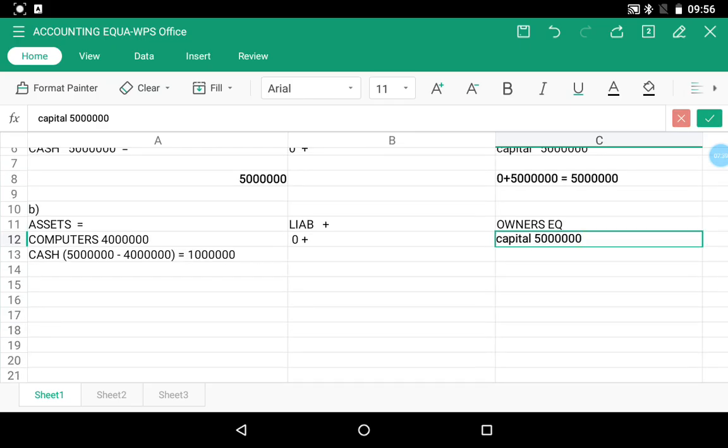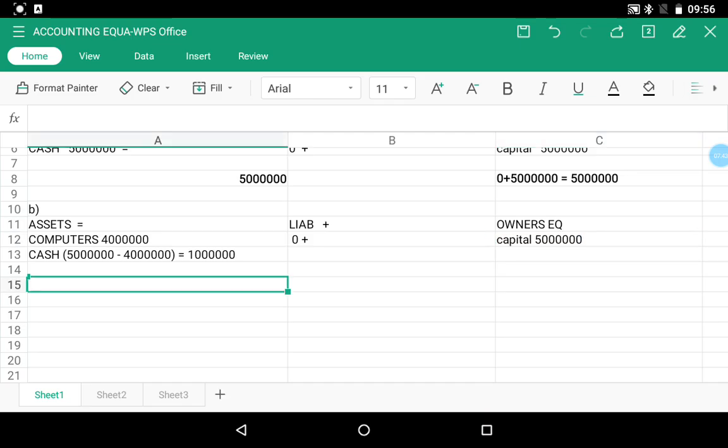So here we are going to get our total. Computers 4 million plus cash 1 million to give us 5 million.